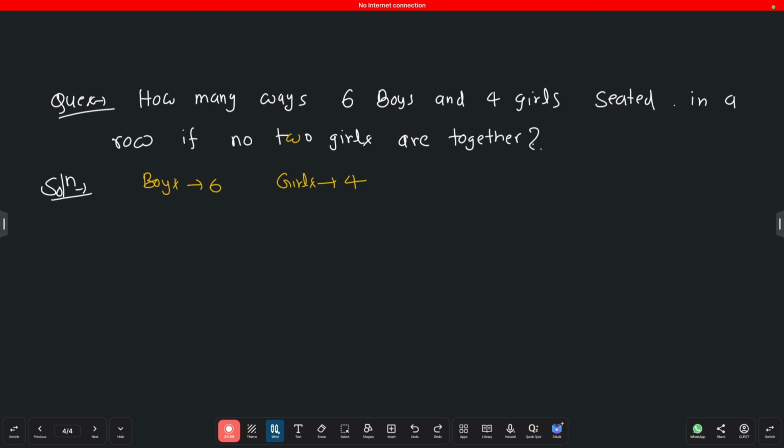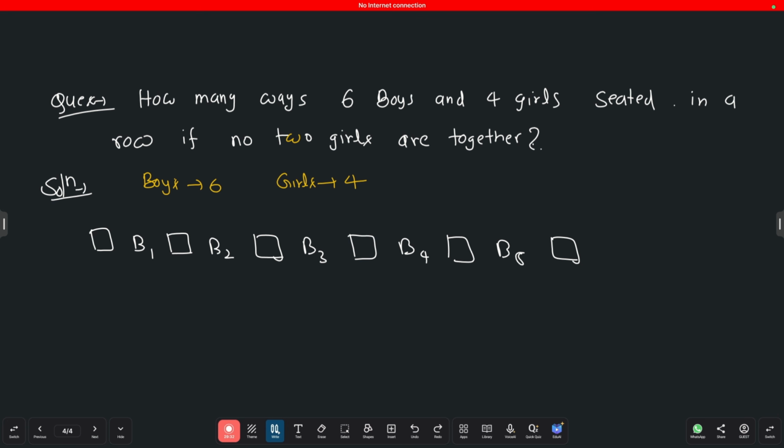So suppose there are 6 boys, B1, B2, B3, B4, B5, B6, with one gap between and around them. Counting the gaps: 1, 2, 3, 4, 5, 6, 7 places are available.